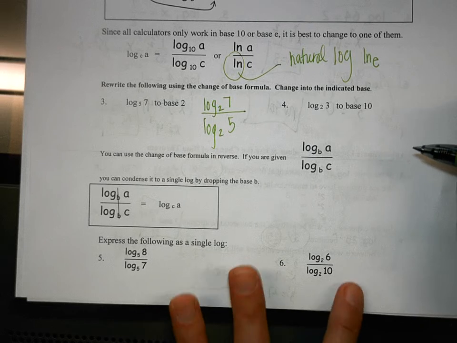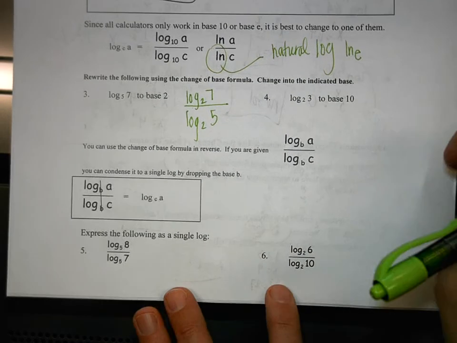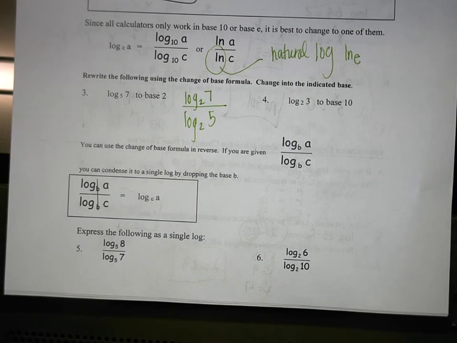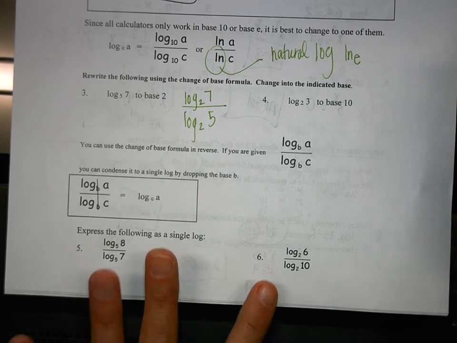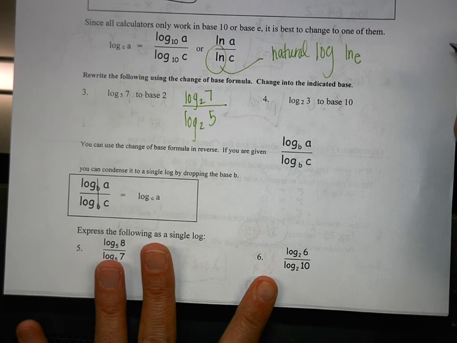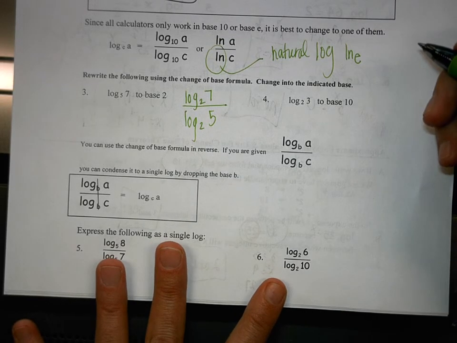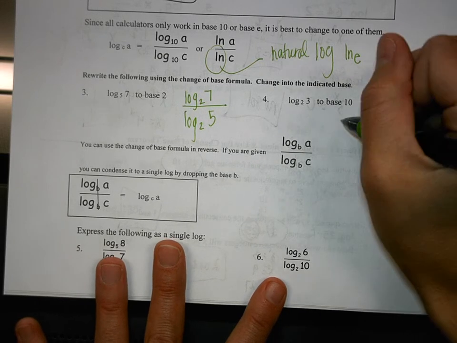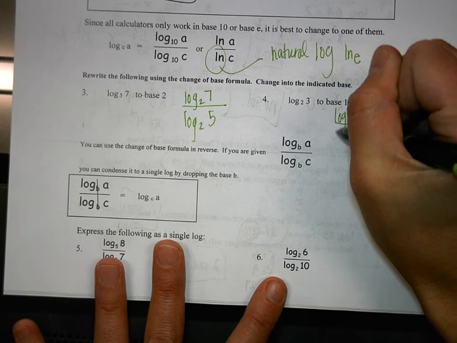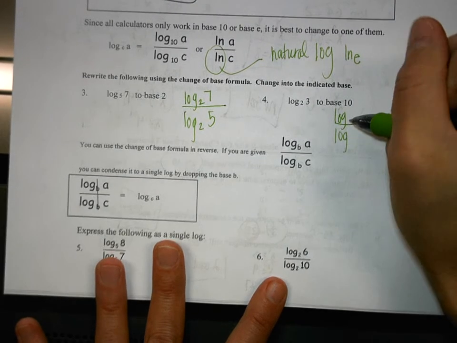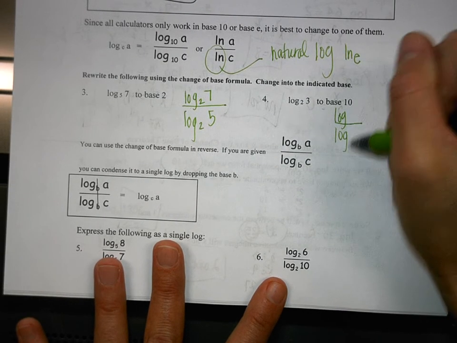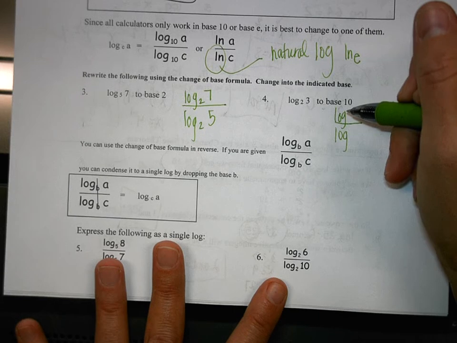So I'm going to give you a minute to rewrite number 4. So again, you'd write it as log over log. You could write base 10 here, but do we have to write base 10 when we're changing it to base 10? No. So either way is fine.